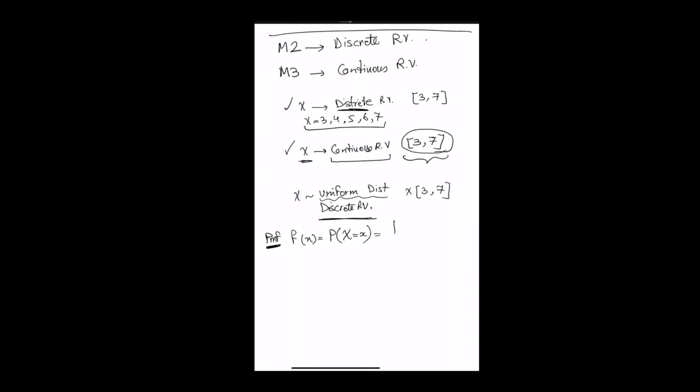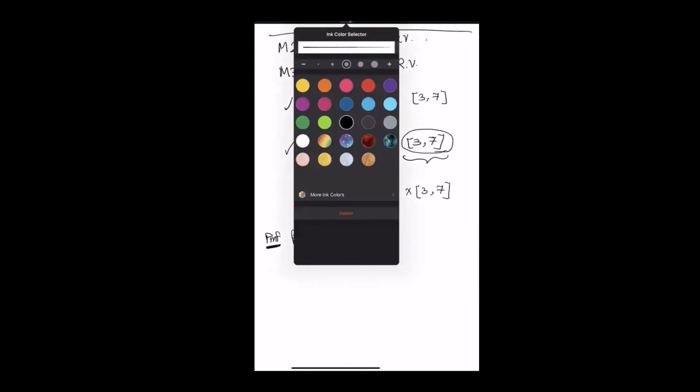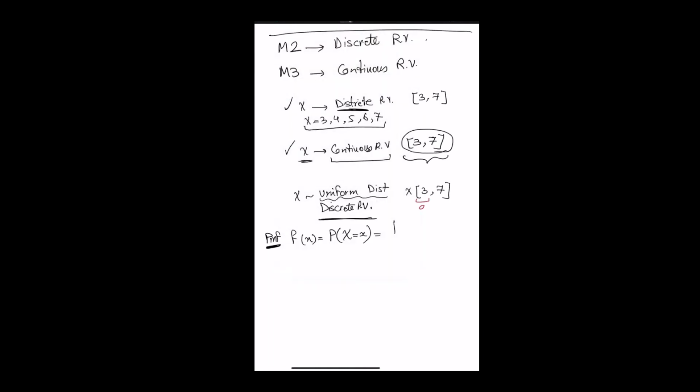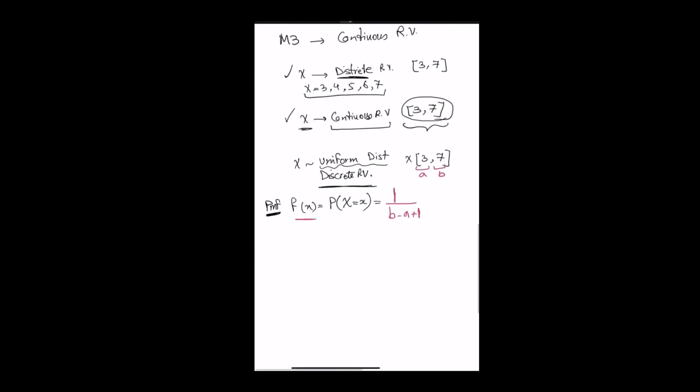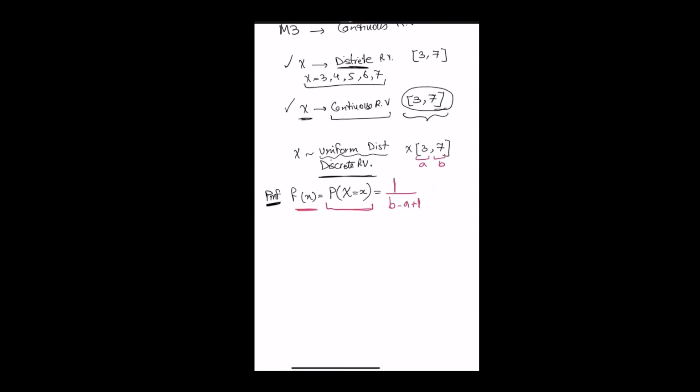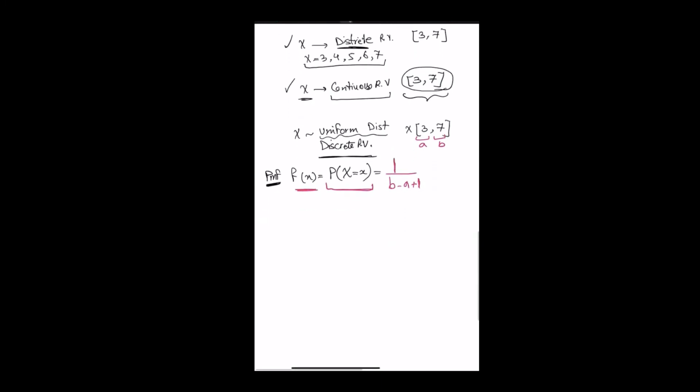If I consider this as a, the lower bound, and this as b, f of x is equal to 1 over b minus a plus 1. This is f of x, which is the probability of x equal to something. That's my probability mass function.